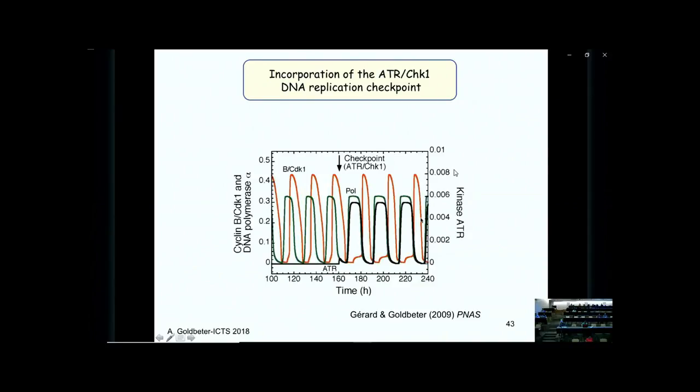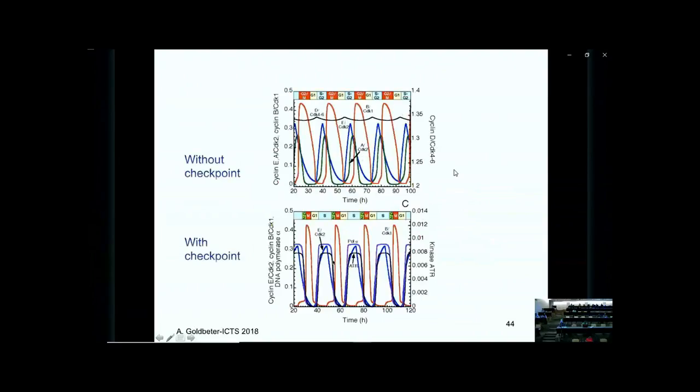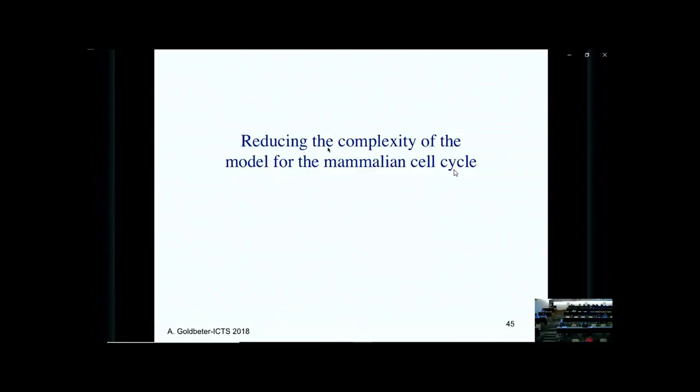This is also shown here: the full system without checkpoint, and in the bottom, the full system with the DNA replication checkpoint. And you see that, for example, cyclin E-CDK2 in blue is more separated from cyclin B-CDK1 than in the absence of checkpoint.